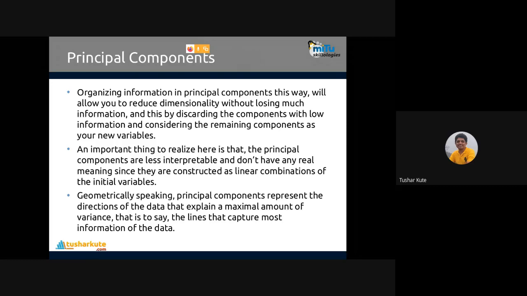An important thing to realize is that the principal components are less interpretable and don't have any real meaning, since they are constructed as linear combinations of the initial variables. Geometrically speaking, principal components represent the directions of the data that explain the maximal amount of variance, that is to say, the lines that capture most of the information of the data.